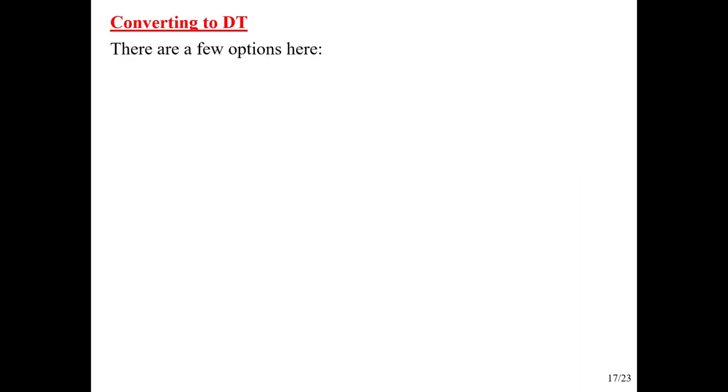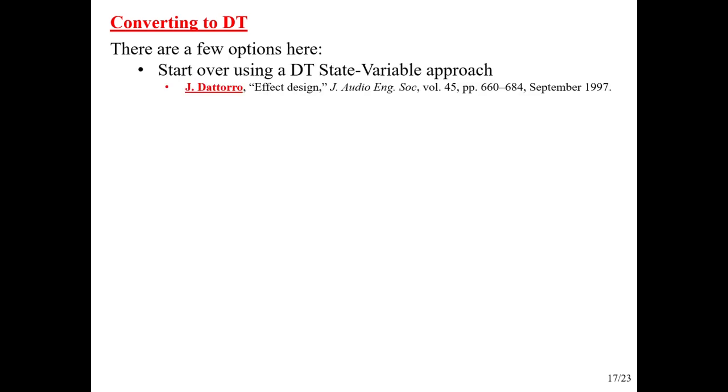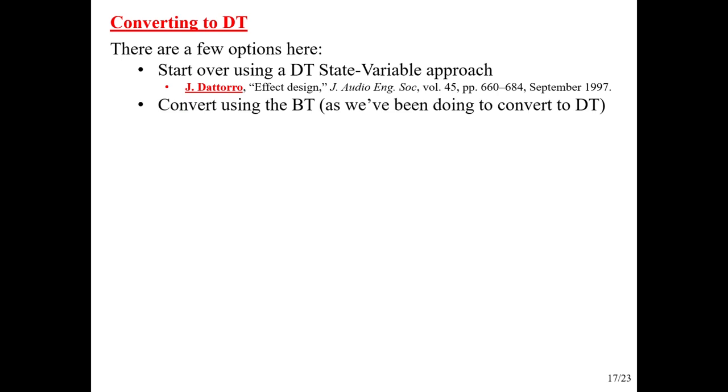Now we need to convert this to discrete time. So we've got a few options actually. We could just start over and say, ignore all that and just derive this kind of thing from a discrete time state variable approach. And that's what John DeToro did in 1997. And you can find that paper and track it down and read it if you want to do that. We could also say, hey, we've got a continuous time filter. Let's just do what we've been doing.